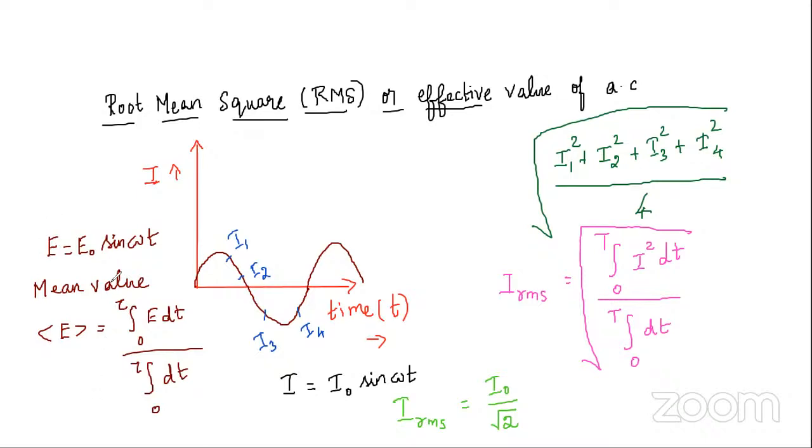So for this, I will be writing the average value over one half cycle. I think I can better write it in another slide. So your voltage is E equal to E naught sin omega t, and here what is your mean value or average value?